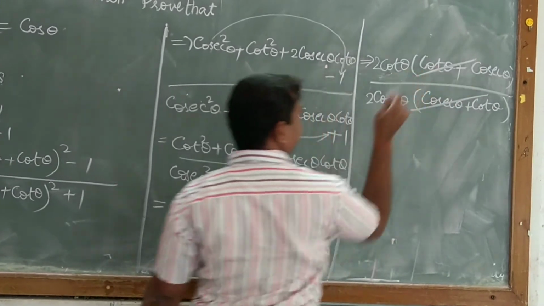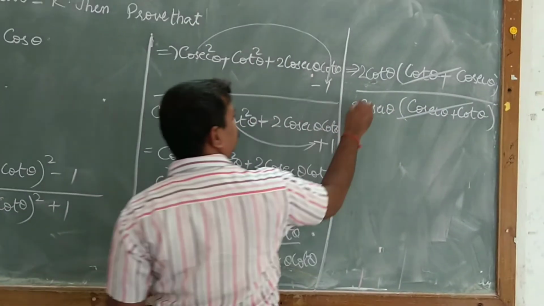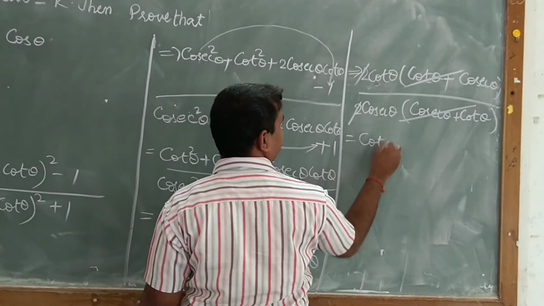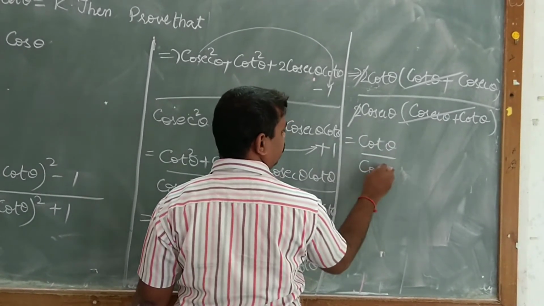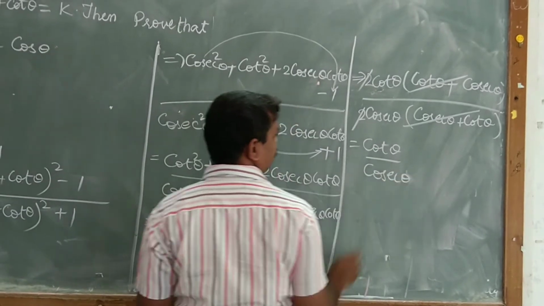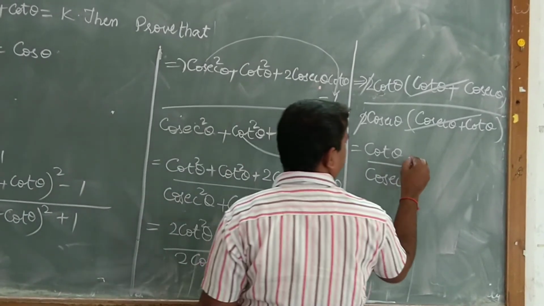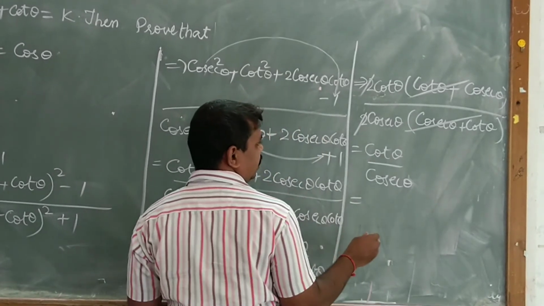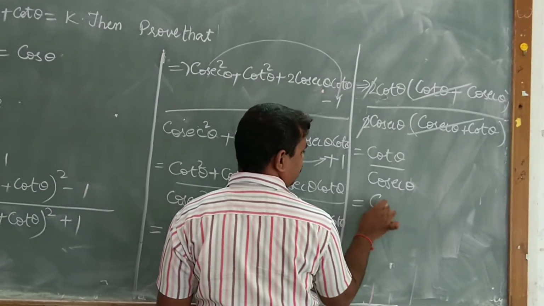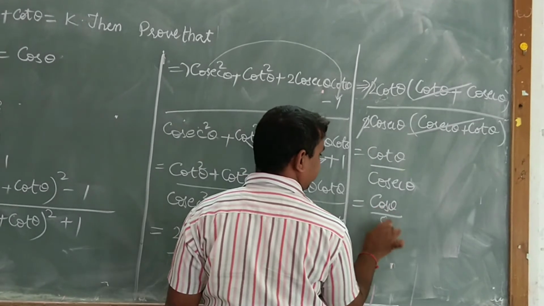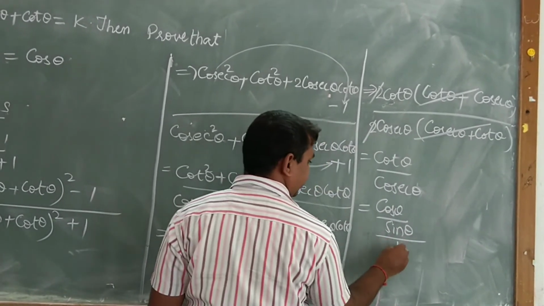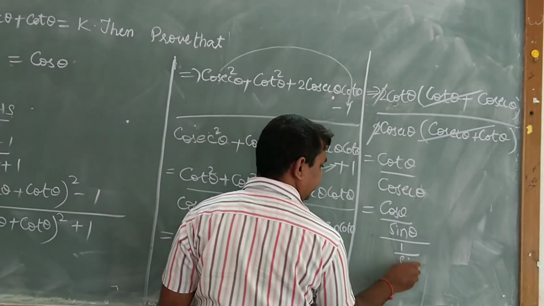This and this will get cancelled. Here 2 and 2 will get cancelled. You will remain with cot theta by cosecant theta. Now that implies cot theta can be written as how? Cos theta by sin theta, and cosecant theta can be written as 1 by sin theta.